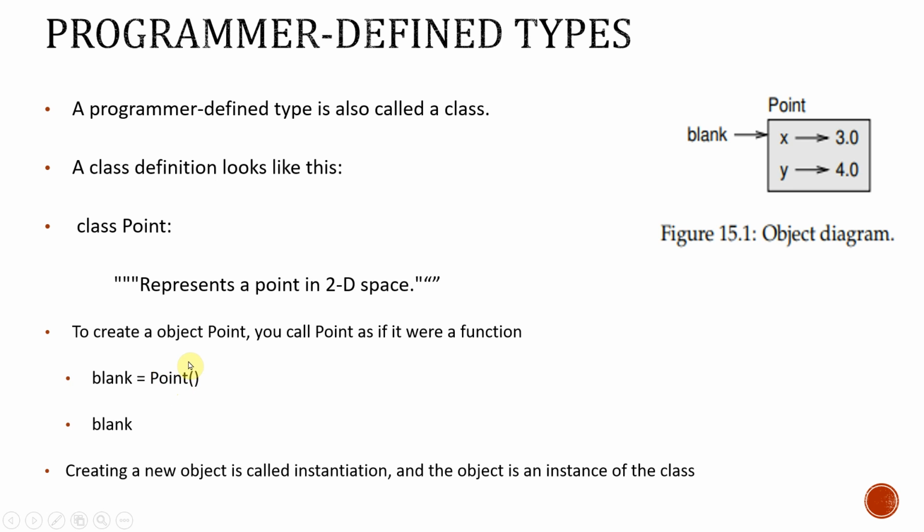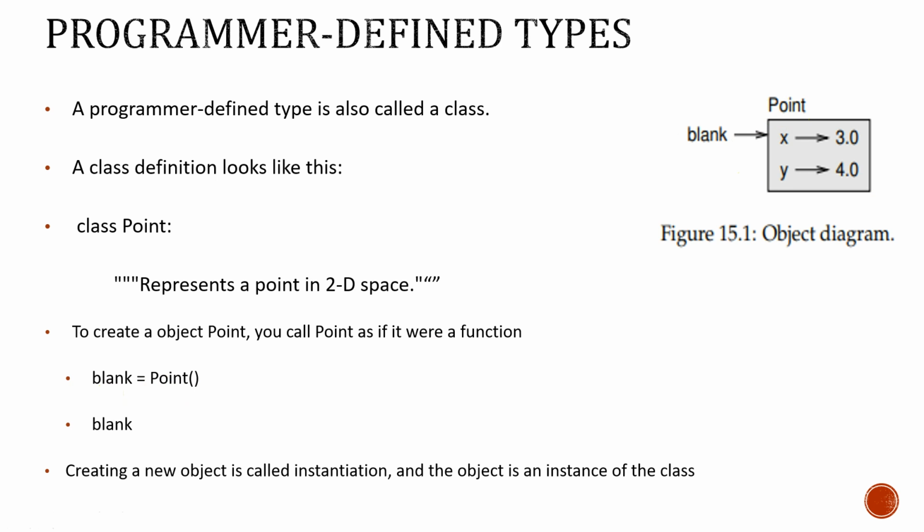The name of the class is point, with parentheses, assigned to some variable, here blank. So blank is the object for your class point. That is what is shown in this diagram: you have the class point and blank is the object.